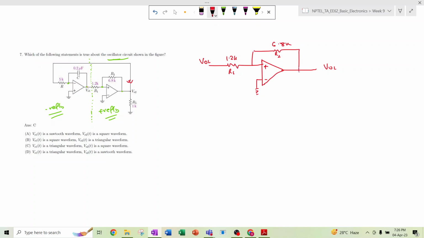And there is some RL which is 1k. So this circuit I am considering at first.